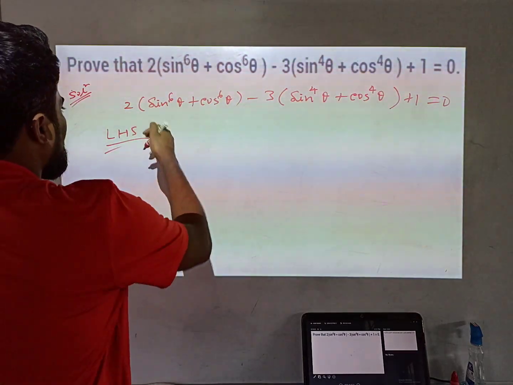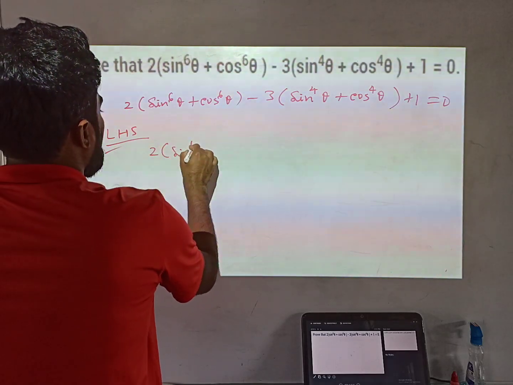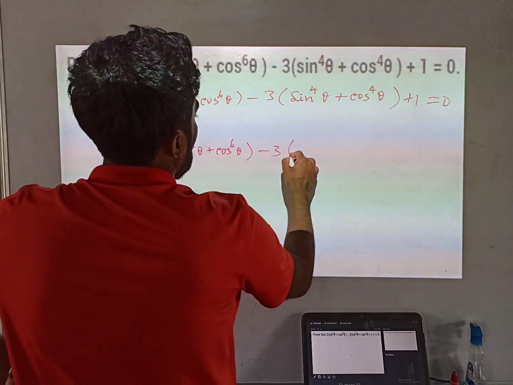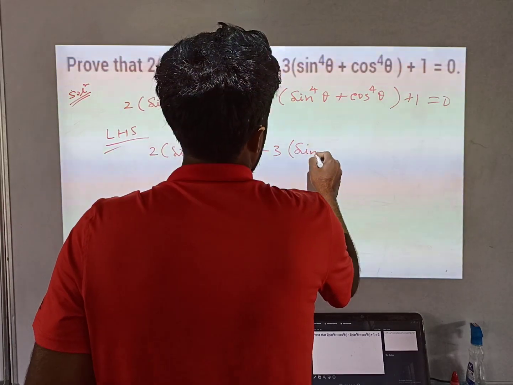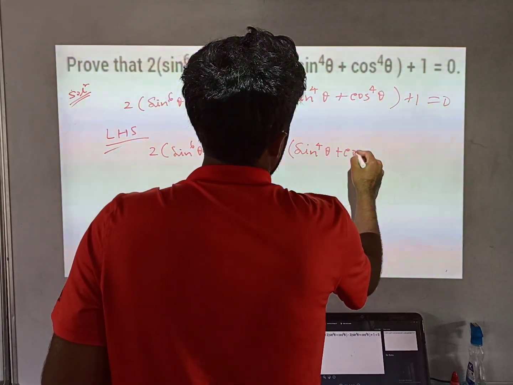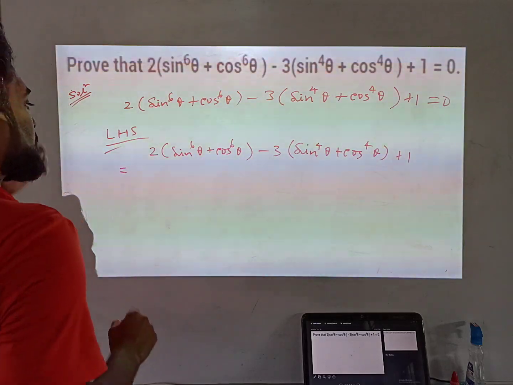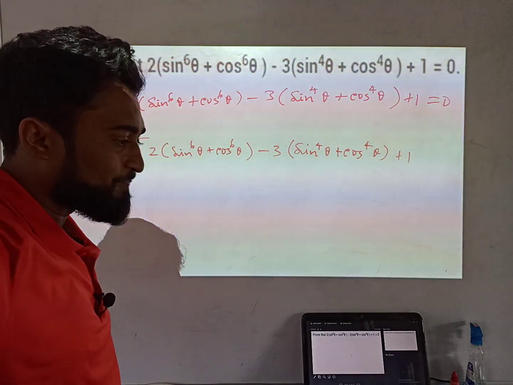It's very simple. First you write this: 2 times (sin to the power 6 theta plus cos to the power 6 theta) minus 3 times (sin to the power 4 theta plus cos to the power 4 theta) plus 1. Now this is power 6 and this is power 4.